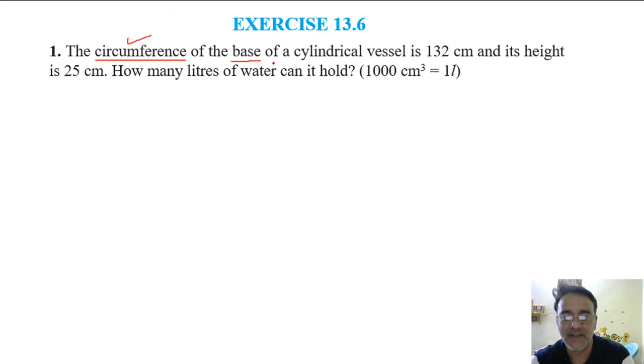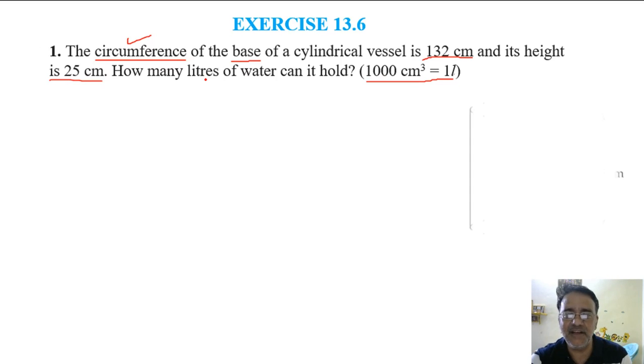And it is given as 132 centimeter and its height is 25 centimeter. So how many liters of water can it hold? That means we have to find the volume and the relation is given. Usually in the exam the relation is not given. That means we have to find the volume and convert it into liters after finding the value of volume.